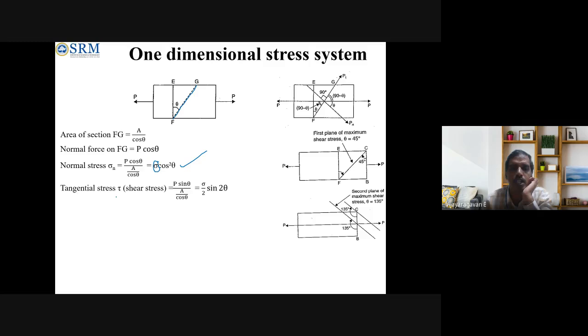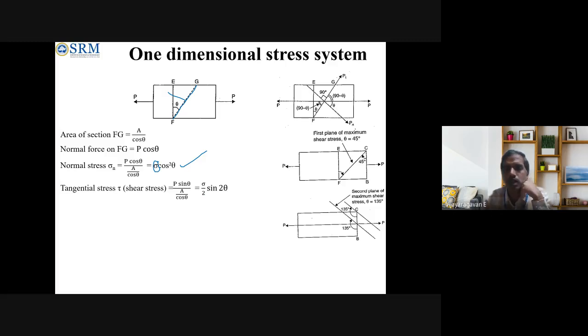Similarly, the tangential stress, otherwise called the shear stress, is perpendicular to it. Here the force is P cos theta, so in the perpendicular direction, the load will be P sin theta.